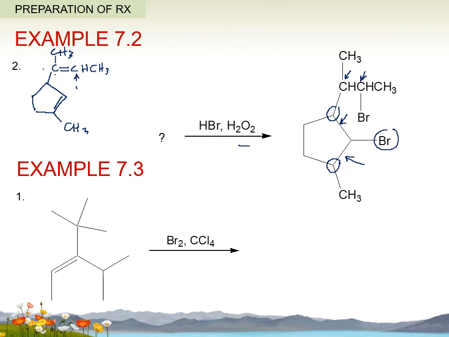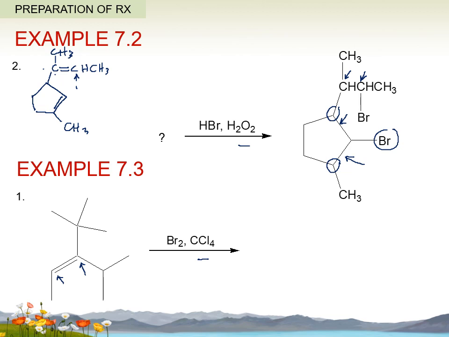Now, straight to example 7.3. Here is a bromine test where we're going to do halogenation on an alkene in inert solvent, CCl4. So what we're going to have here is a dibromo compound where we're going to insert both of the bromine atoms at that particular carbon which I labeled.